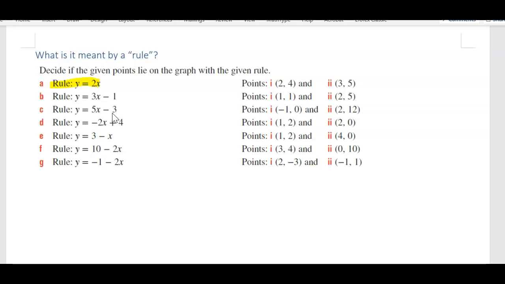All right, so here's a rule, and we've got 2 points here, 2, 4, and 3, 5. So what I might do is actually graph them to show you what that rule is, and then we will work out how we can say, well, is that point on the line or not?